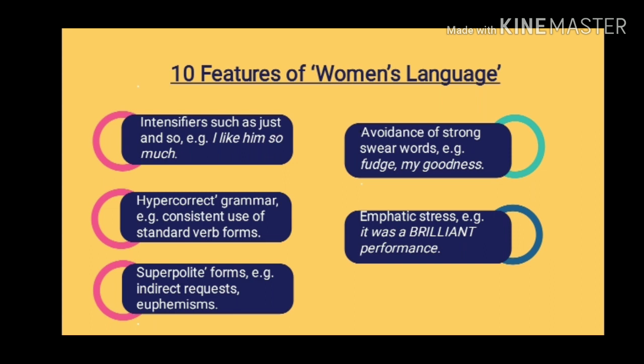Then, avoidance of strong swear words. Women avoid strong swear words and they don't abuse as much as men do because they hate using these words or abuses. And the last is emphatic stress.